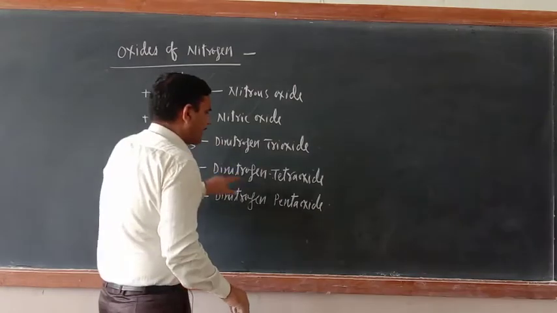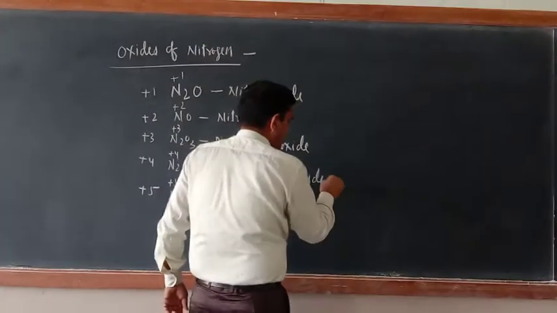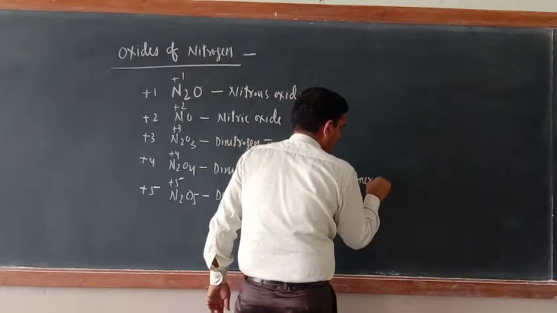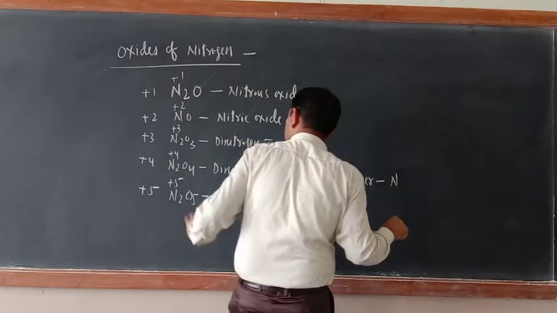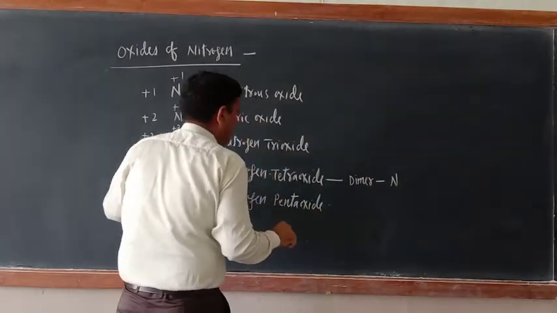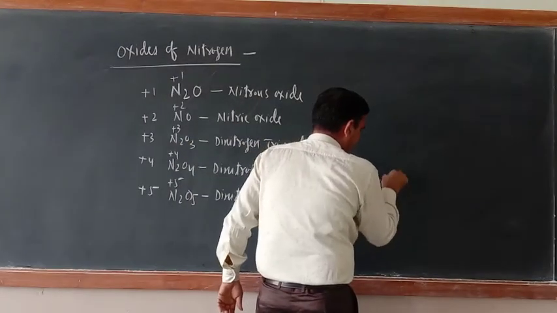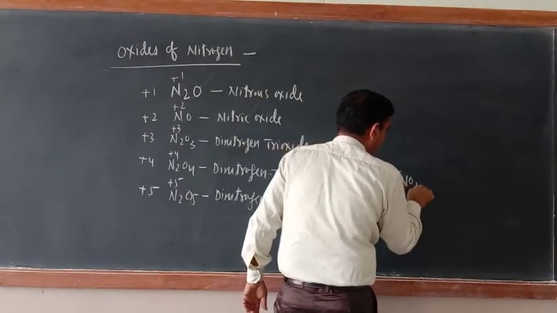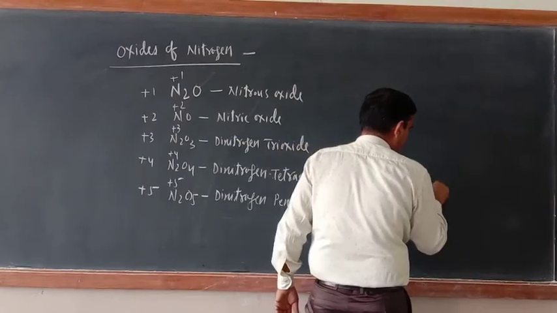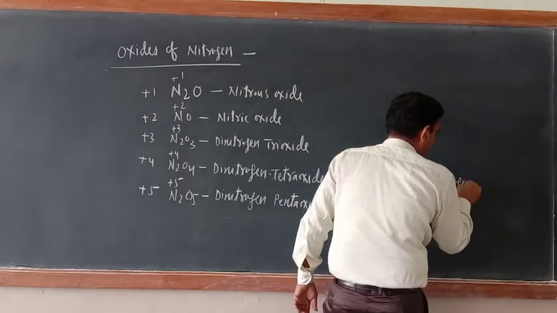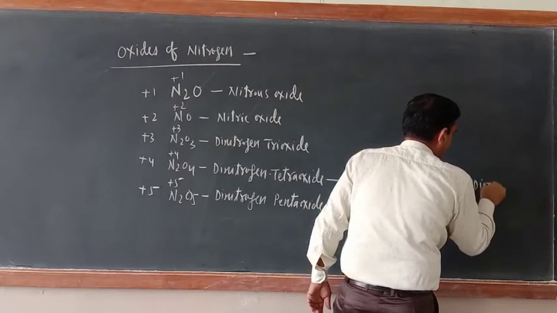These are the oxidation states of nitrogen. Okay. Dinitrogen tetraoxide, this is found in the dimer form. This is the dimer of NO2. This NO2 is known as nitrogen dioxide.